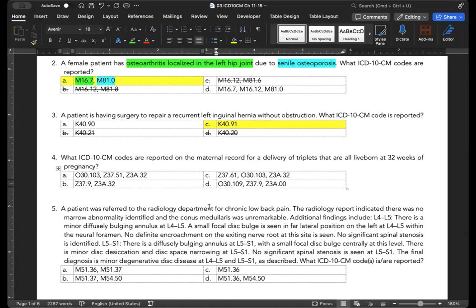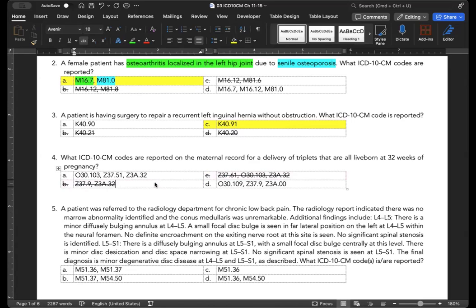If our chapter 15 code is listed second, then we know that those are incorrect. So B and C are out of the question. And then I'll teach you guys a trick. Okay. So let's go look at the Z3A.32.